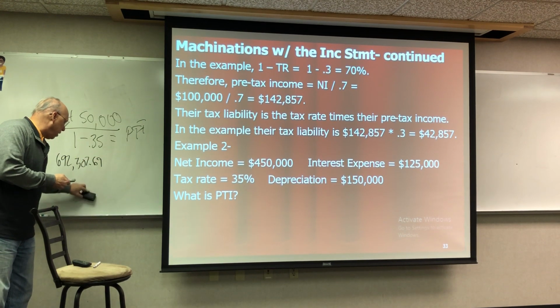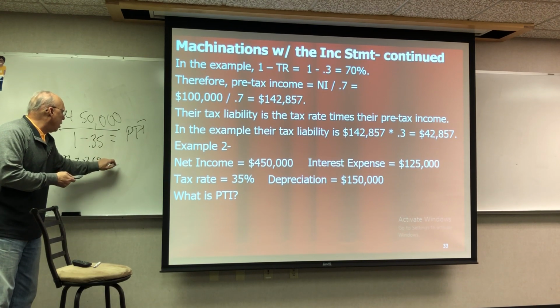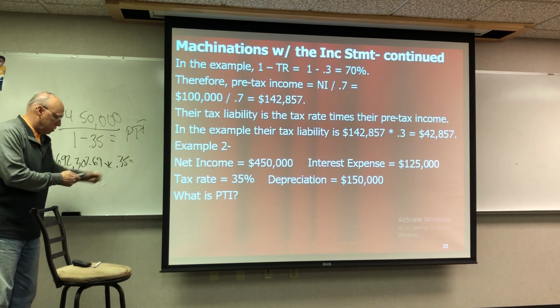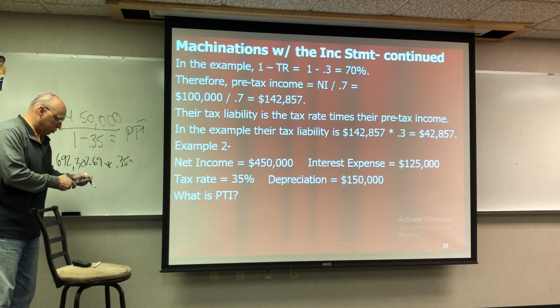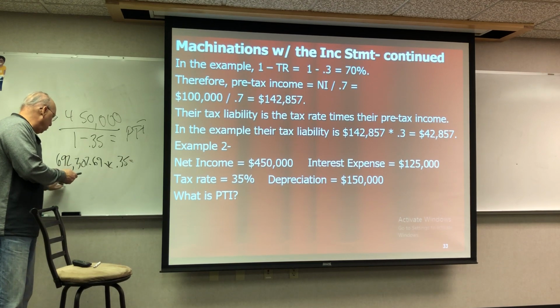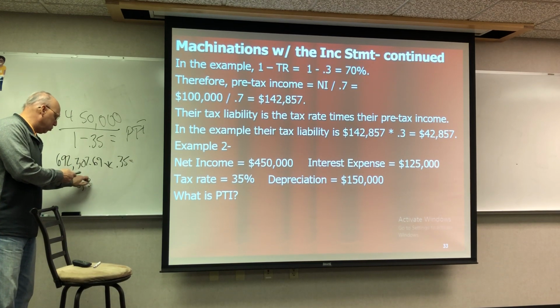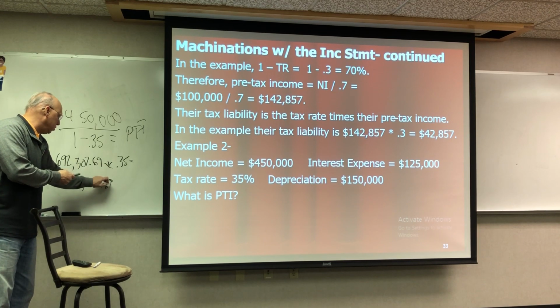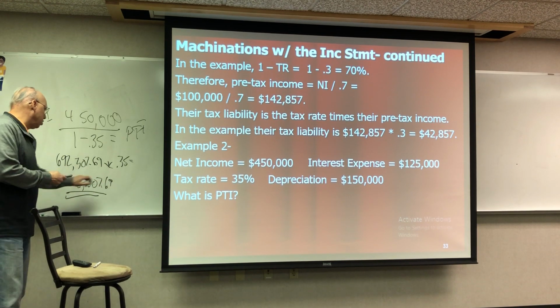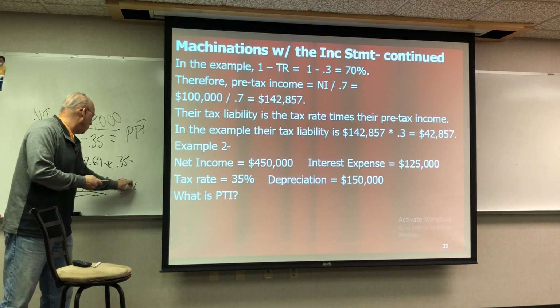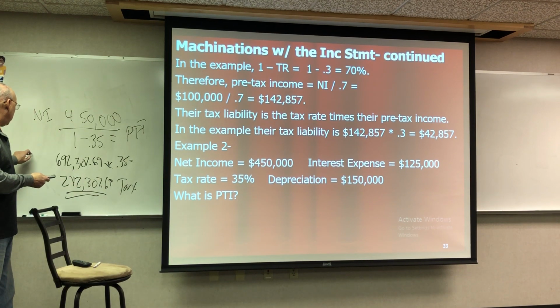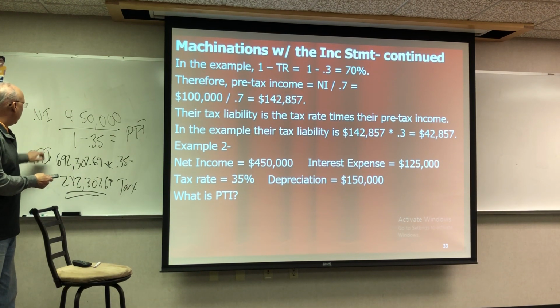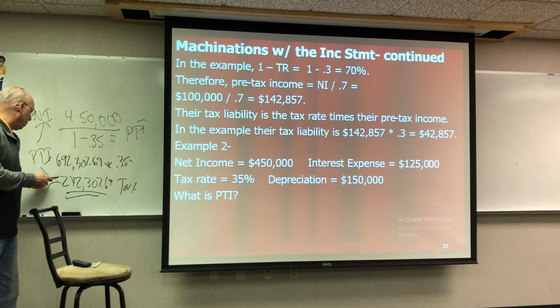Then we multiply that times 0.35, which is our tax rate, and we get $242,307.69. So this is our tax, this is our PTI, and this is our net income.